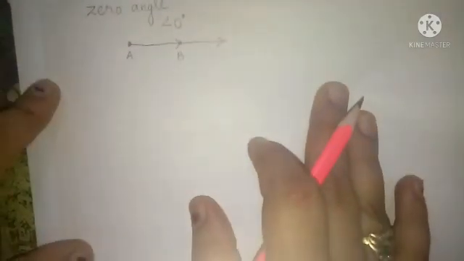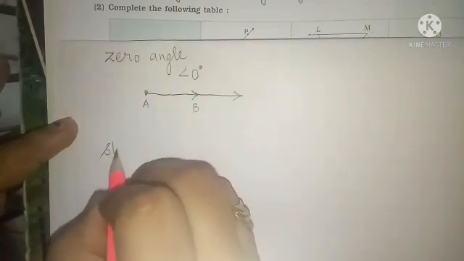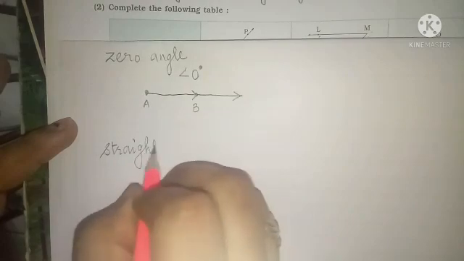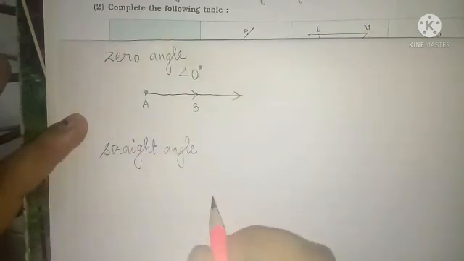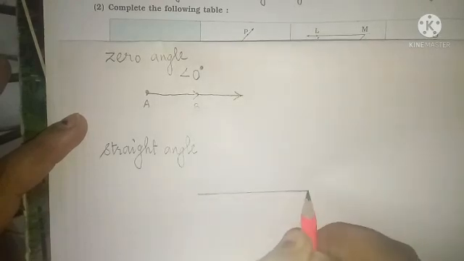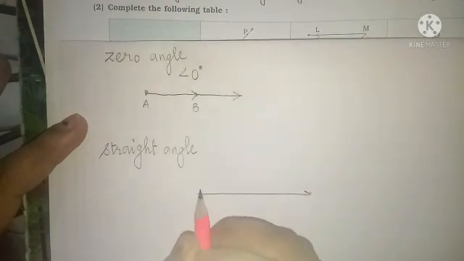Now the next angle which we are going to see is your straight angle. Let me draw the diagram of the straight angle for you all. All these diagrams, whichever I am drawing for the angles, are very important.